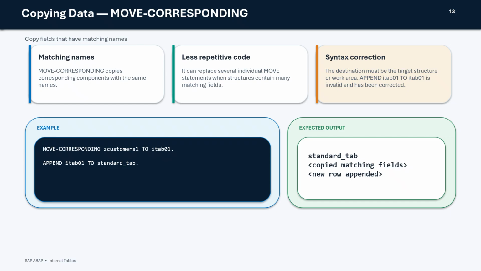Instead of writing separate MOVE statements for every matching field, in one step we can directly move structure to structure, not column to column like g_customer ID, g_DOB to itab-DOB, itab-name.